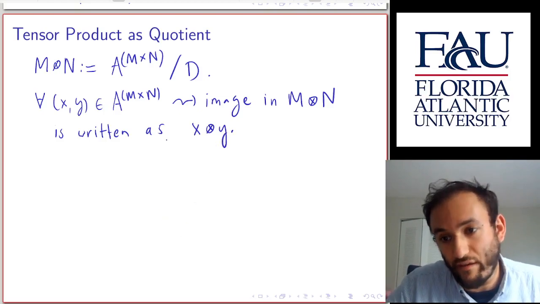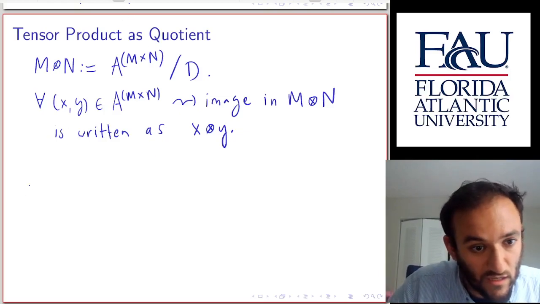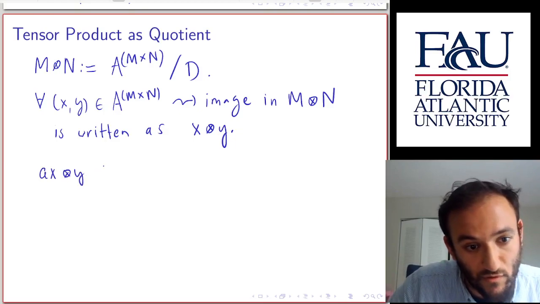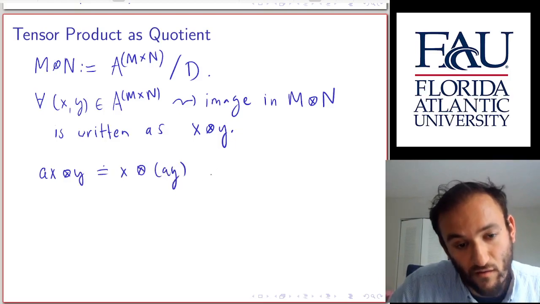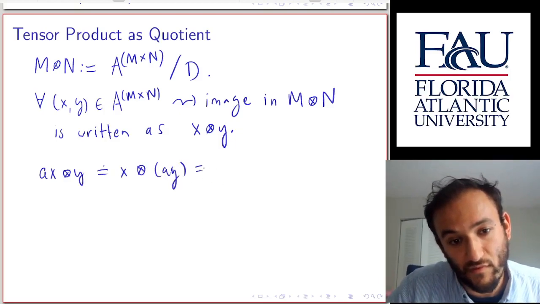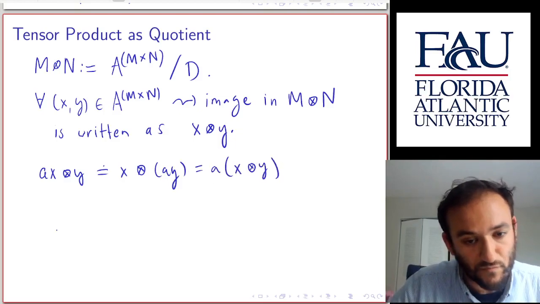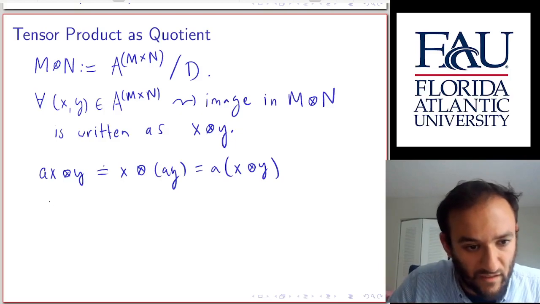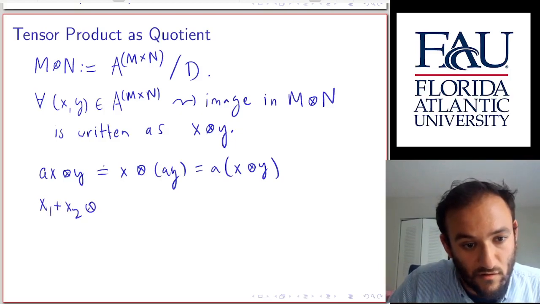And we have the following properties just based on the definition of D: ax tensor y is equal to x tensor ay, and it's equal to a times both. And then you also have the additivity in each factor.